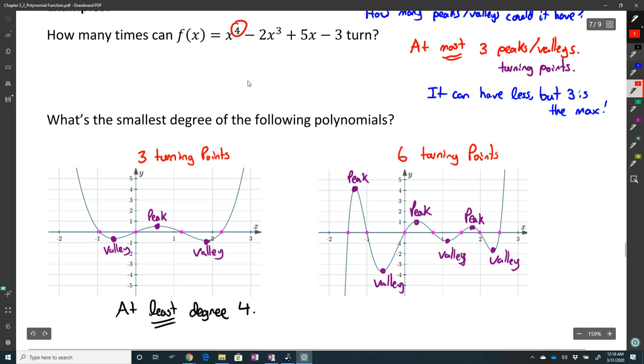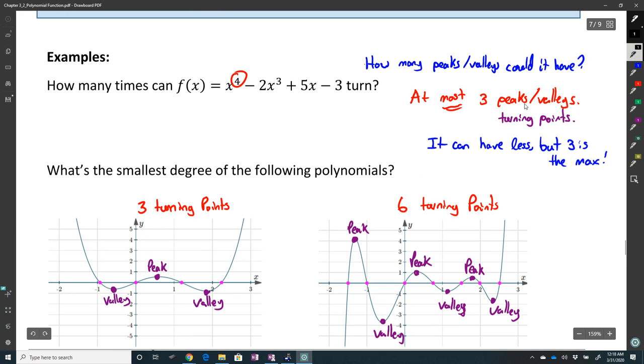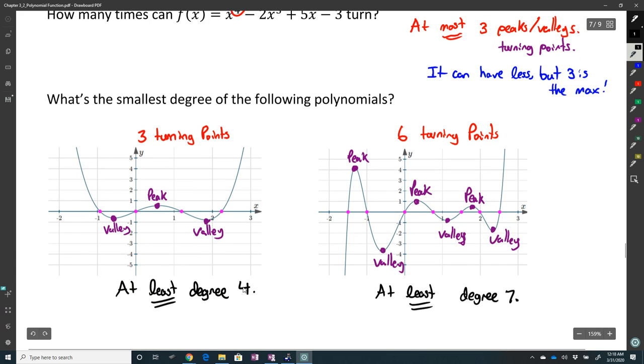And so this is at least degree 7. It has to be. So if they give you the equation, you subtract 1 to get the peaks and valleys. If they give you the graph, you add 1 to get the smallest degree possible that can create the graph.